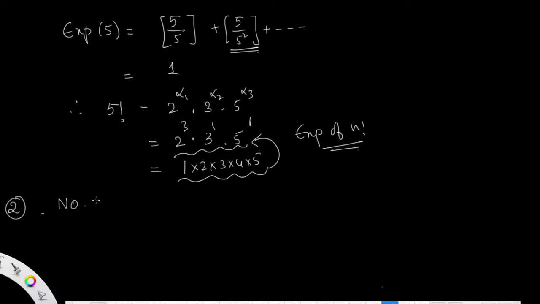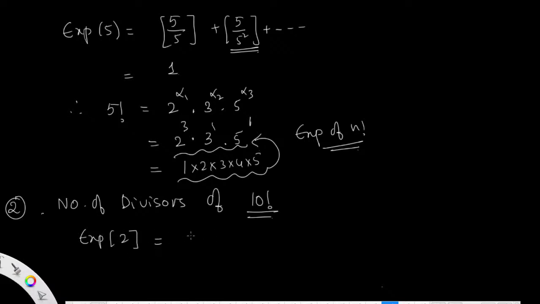Find the number of divisors of 10 factorial. Let us take the first value, the exponent of 2.